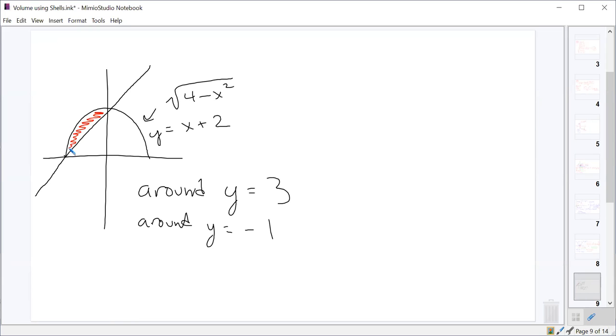You shouldn't need a calculator to set it up because the intersection points should be nice. You would definitely need a calculator to evaluate, unless you know how to do inverse trig substitutions for integrals, which you probably don't.